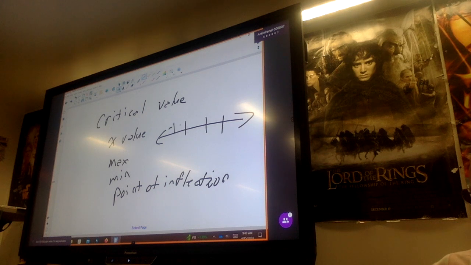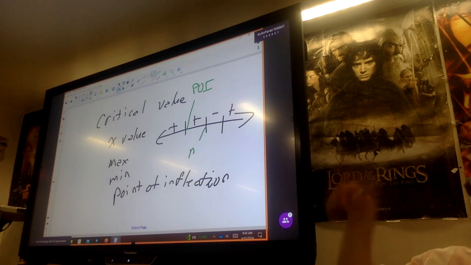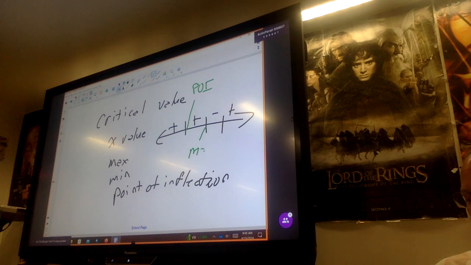So if you have positive, positive, negative, positive, this would have been the point of inflection. This would have been a positive max. And this would have made a min. Okay, so those are the 3 things that could take place.